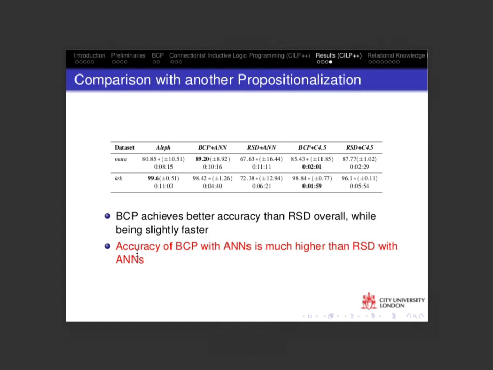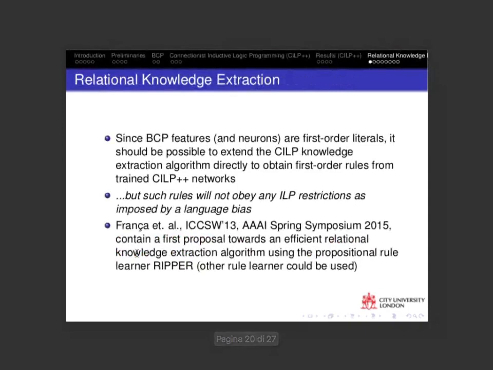And then you can look at all these combinations, BCP, the bottom clause propositionalization with neural nets, or with some other learning algorithm like C4.5 or RSD. And we need applications in other domains to be able to conclude anything deeper from this.